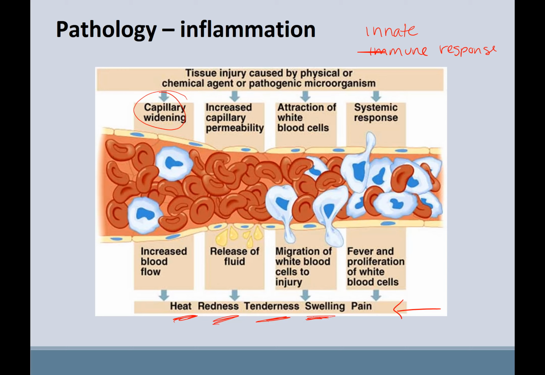And that swelling, that increase in fluid, can cause tenderness and pain. This is one of our big symptoms of being sick. So again, the reason for inflammation is to attract the immune system cells so that they can go to the site of injury and clean things up.